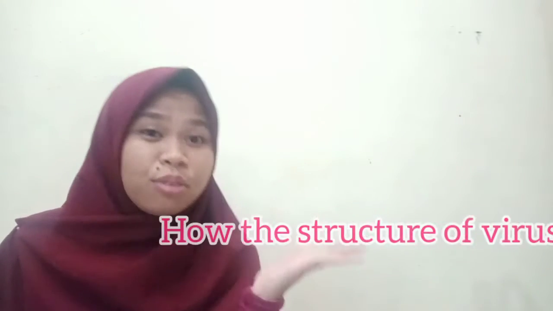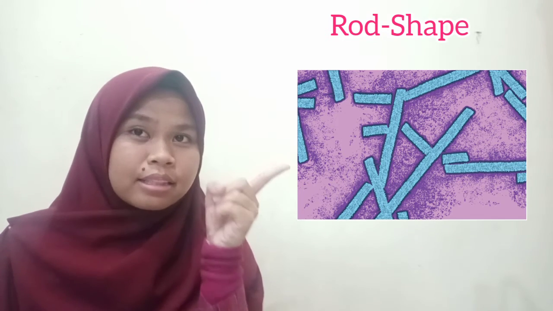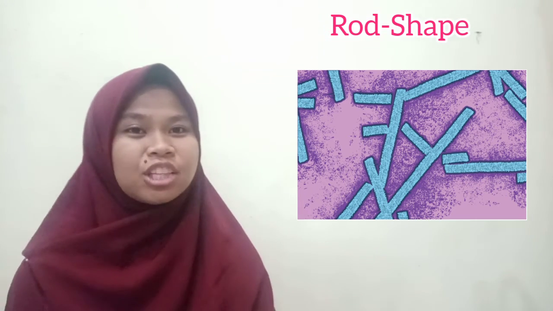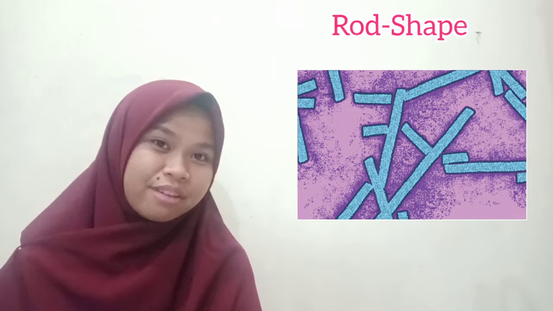And then how is the structure of virus? First, virus structure is rod shaped. It's like here. Viruses that are rod shaped have proteins packaged tightly into a helix. For example is tobacco mosaic virus.